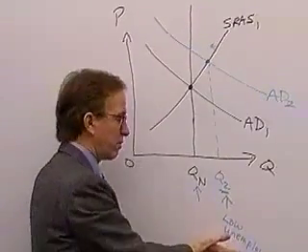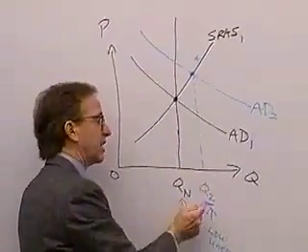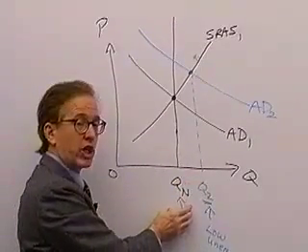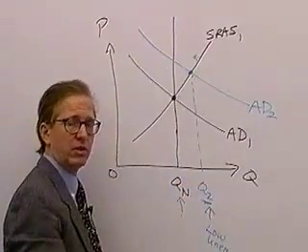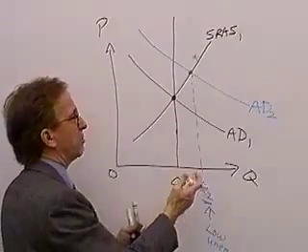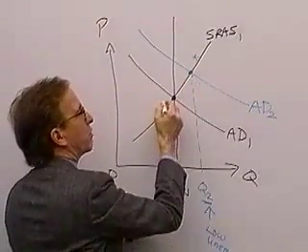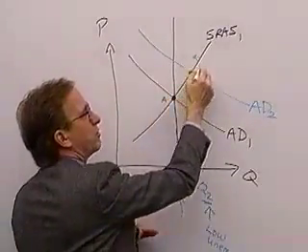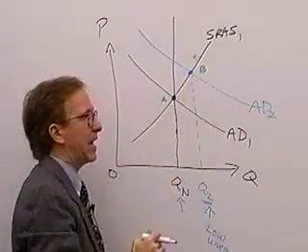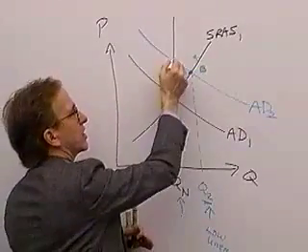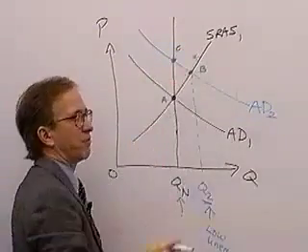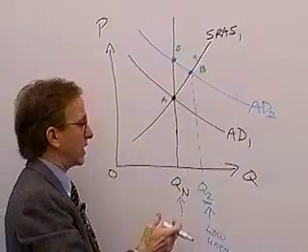And low unemployment will exist as long as we're at a real GDP level greater than the natural level. So there's a lot of terminology there, but what I'm saying is, we started at some point A, we moved to point B after aggregate demand expanded, and now we're going to see how we get back to point C with our long-run equilibrium.